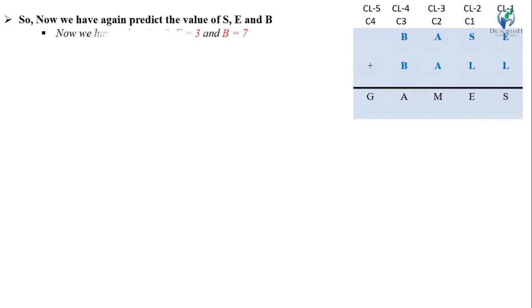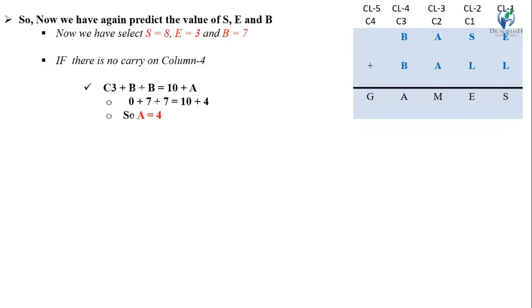Now we predict S is equal to 8, E is equal to 3, and B is equal to 7, and apply to column 4. Again, there are two possibilities for column 4. If we consider no carry on column 4, then C3 plus B is equal to 10 plus A, like 0 plus 7 plus 7 is equal to 10 plus 4, taking B is equal to 7.